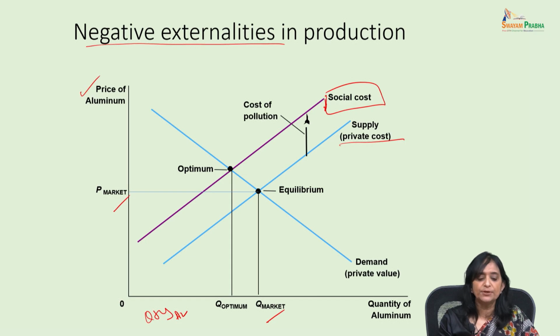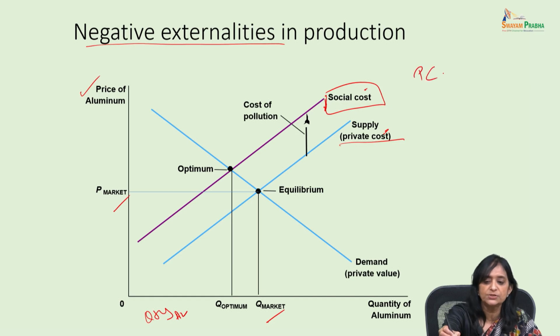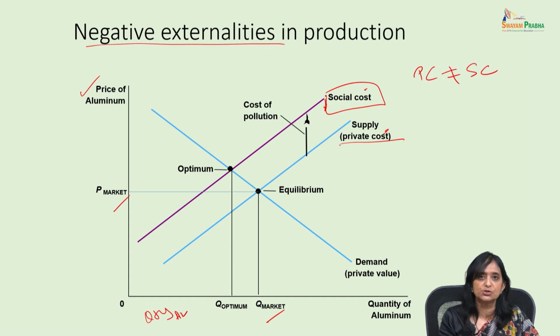If we now take this externality of pollution into the picture, your private cost is different from social cost, because private cost is not equal to social cost. So, your purple upward sloping curve is the social cost of production of aluminium.